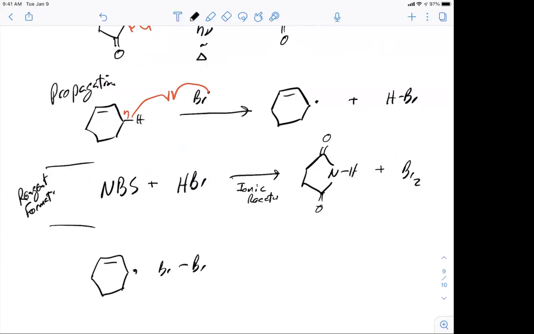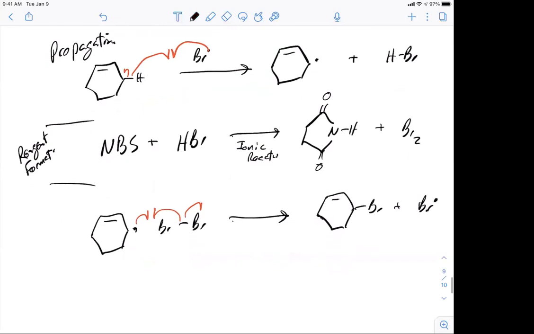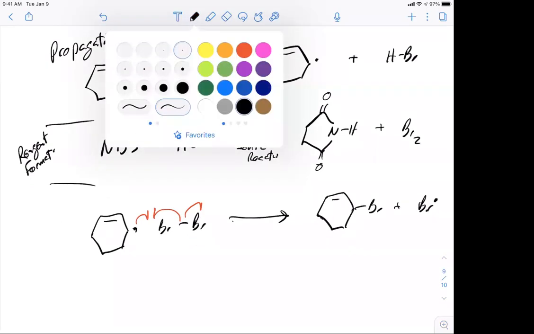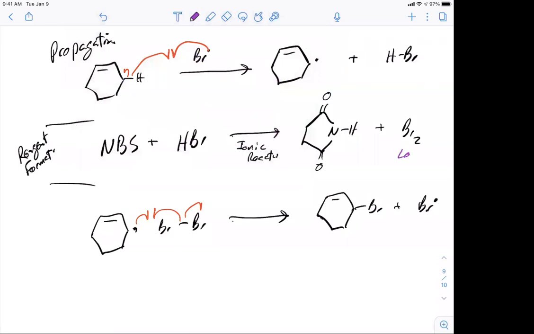I don't have a lot of it around, so I don't have to worry about it reacting. And so then I get a halogen abstraction. Plus the Br radical, right? And the Br radical can go off and initiate the reaction. So this is always in low concentration. Okay.